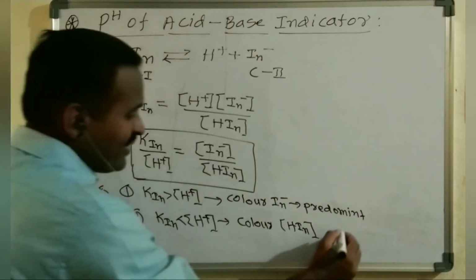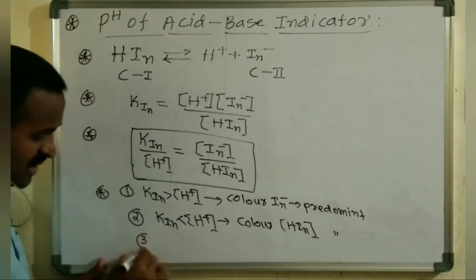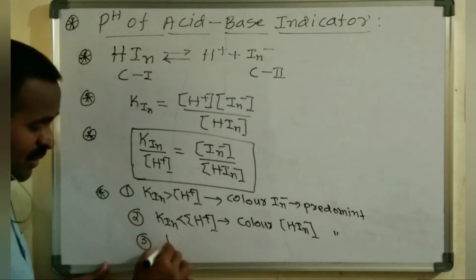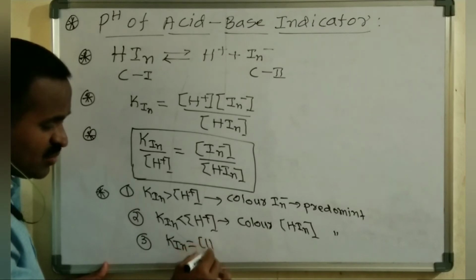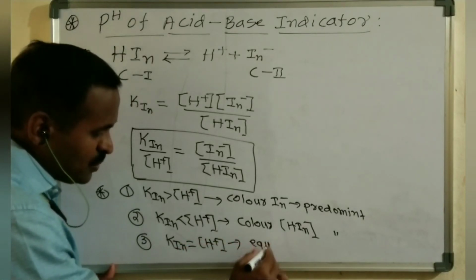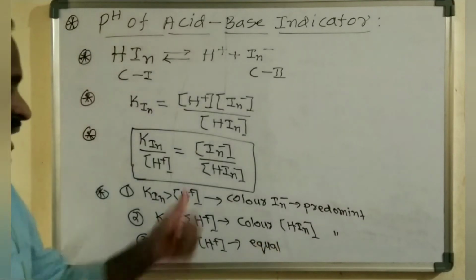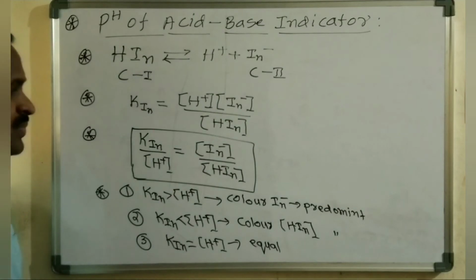Whereas the third case is that if you take the magnitude of KIn equal to the H plus ion concentration, then equal amounts of both HIn and In minus will be present, right?